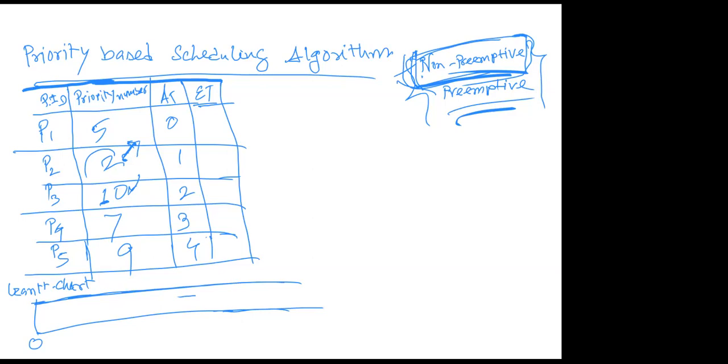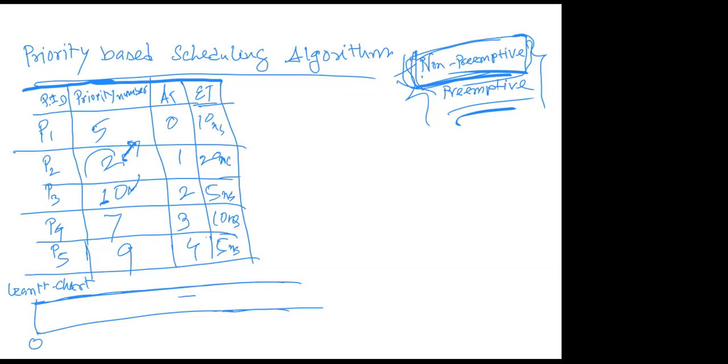Let's say P1 needs 10 nanoseconds, this needs 20, and then this needs 5. This needs, let's say, 10, and this 5 nanoseconds of execution time. Whether it is nanosecond or microsecond, whatever you want, it's fine.